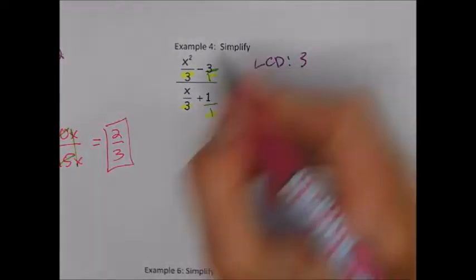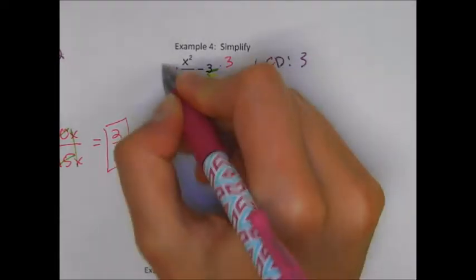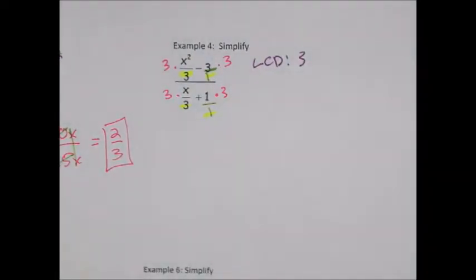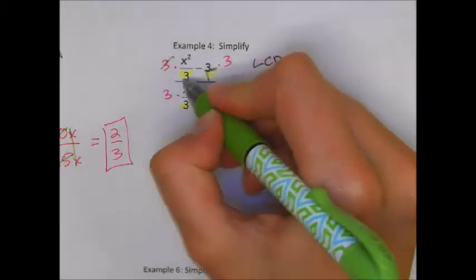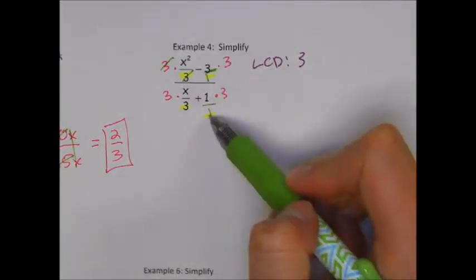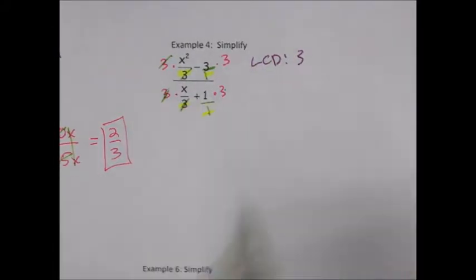Now multiply all the mini fractions, every single one of them, by 3. These 3's get to cross out. Nothing here, nothing here. These 3's cross out.